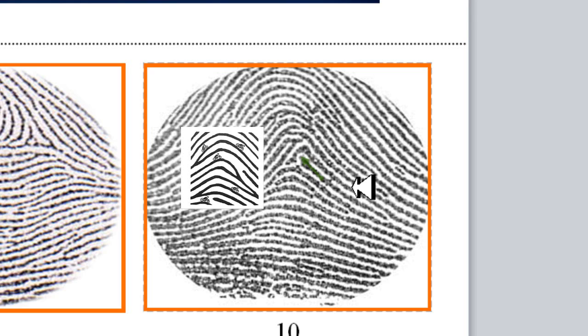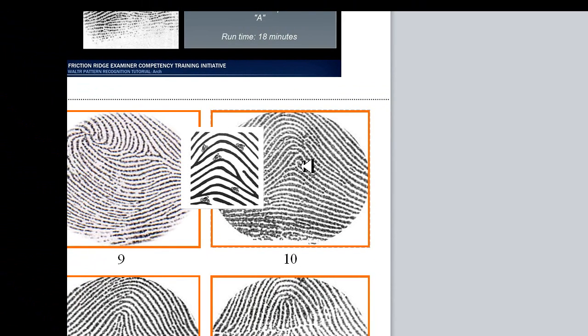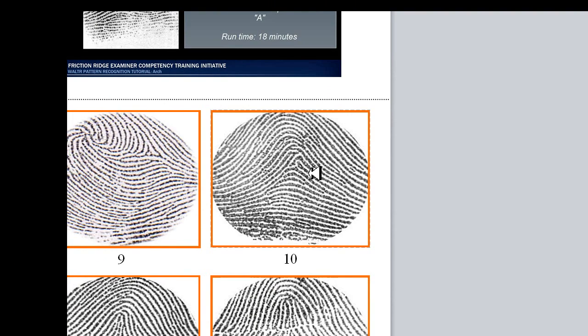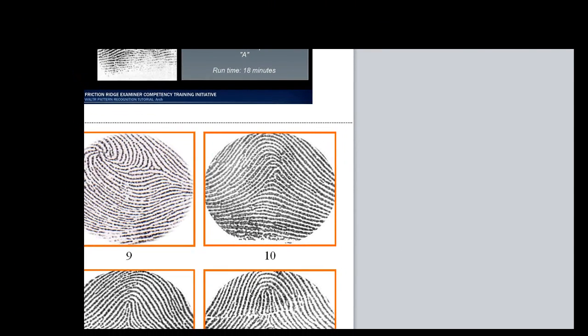And if you remember the bicycle analogy, if you rode your bike up over this hill, that spike could give you a flat tire. And therefore, just this one ridge here is going to disqualify this from being a plain arch pattern.